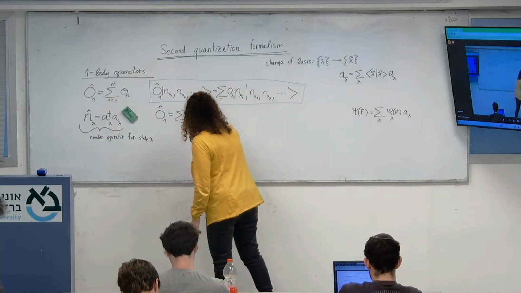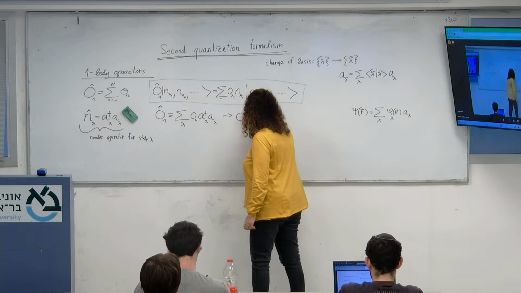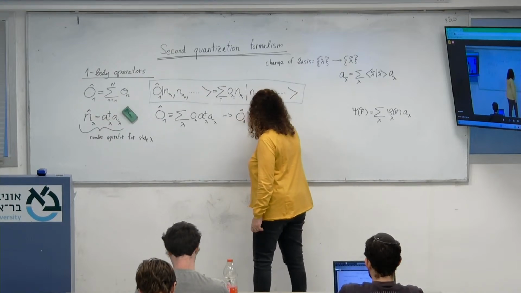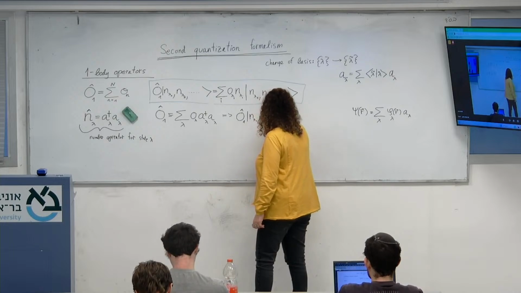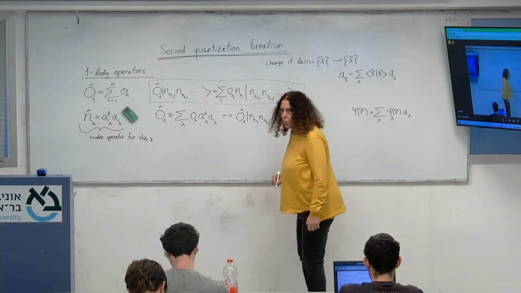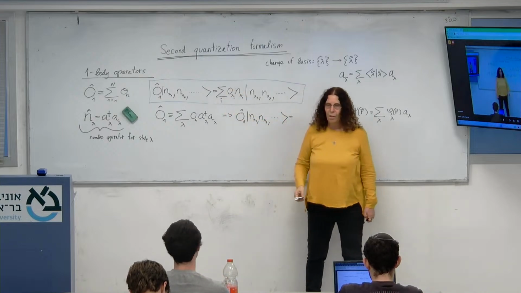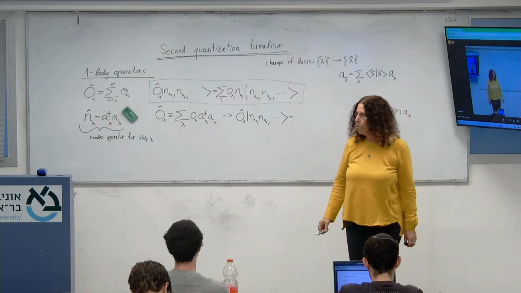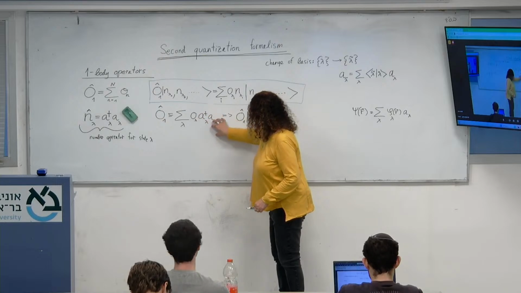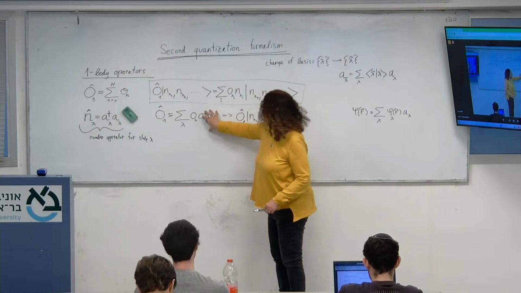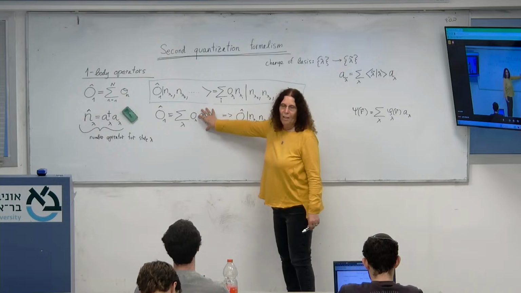If you like, this is a definition, but when I apply it on any Fock state, I think you can easily convince yourself that you are going to recover exactly the same formula. We already saw that the eigenvalues of n lambda hat are n lambda.